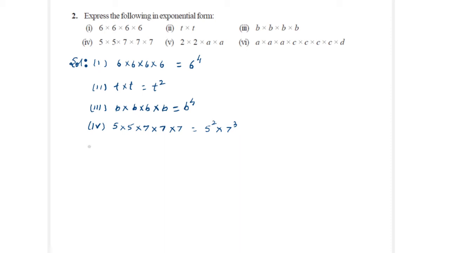Now come to fifth part. It is 2 into 2 into a into a. Here 2 is multiplied 2 times. It can be written as 2 raised to power 2 into, again a is multiplied 2 times. It can be written as a raised to power 2. This is your answer. Now come to sixth part.